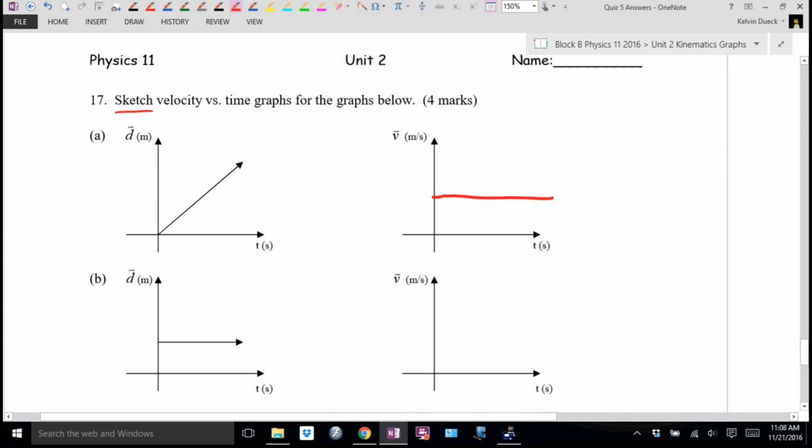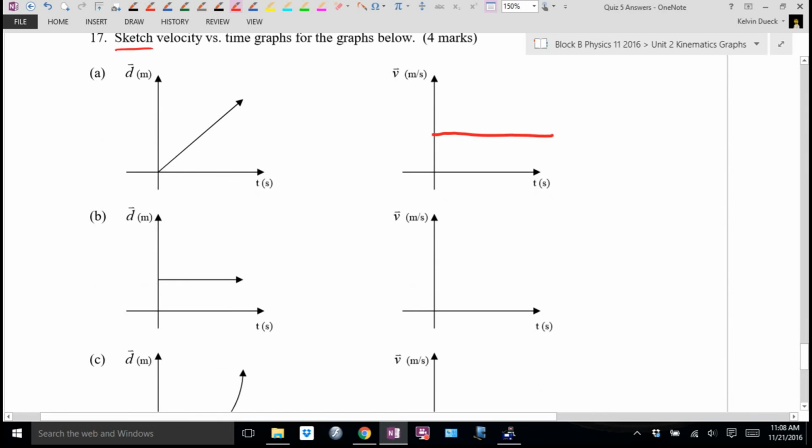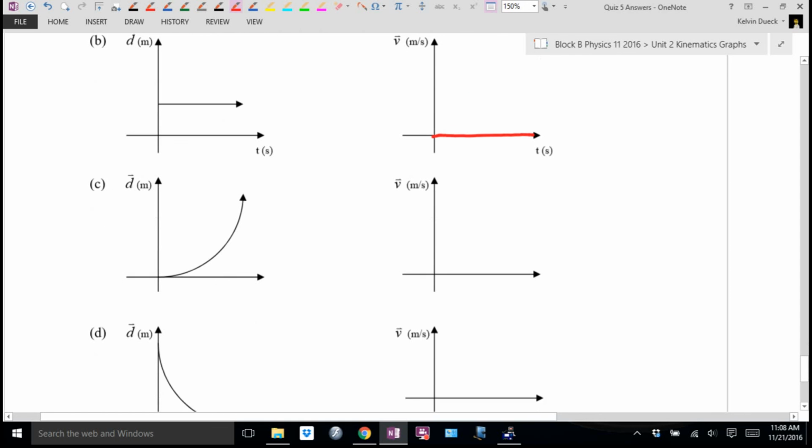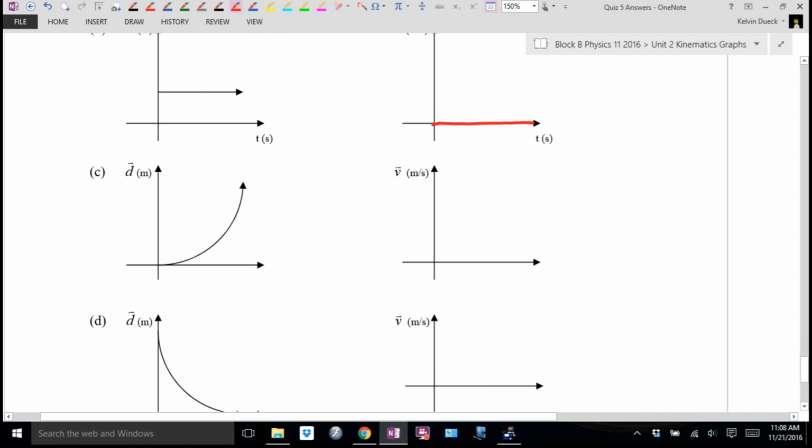Next, a horizontal line on the x-axis. Then going forward, speeding up: you could be less steep or more steep because there's no numbers, but I'm looking for a straight line with a positive slope.